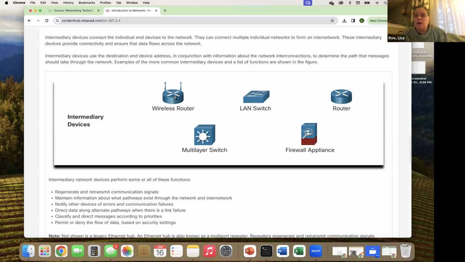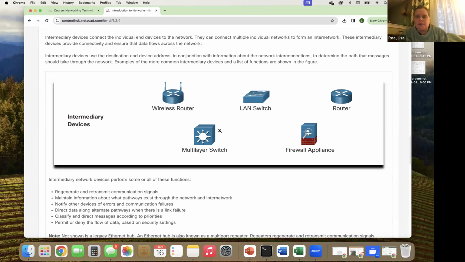It's a modulator-demodulator, modem. That changes your signals from analog to digital and digital to analog. Computers and computing devices use digital signals, and cable TV uses analog signals. We'll talk about that more, I believe, in module 4.